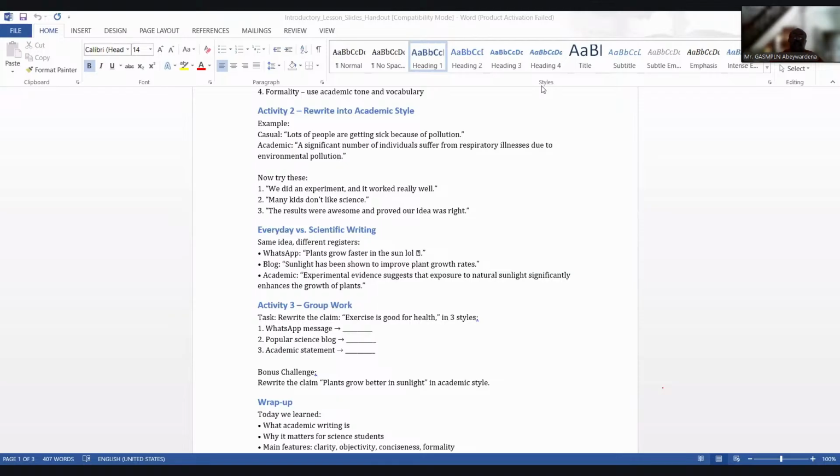And proved our idea. Significant, yeah. Significant is not suitable here, right? You can say attractive, and proved the idea was right. Rigorous, yeah. Rigorous is also not the same.